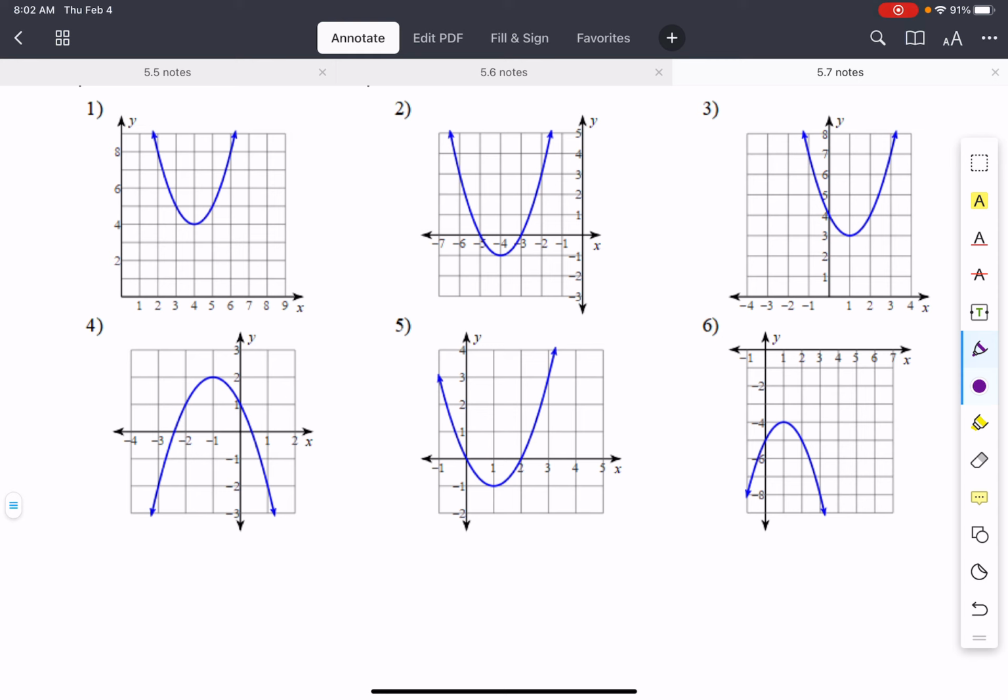So I want you to work with the new friends around you, and from the graph try and write number 5 in vertex form and in factored form. And I'll help you with the standard form, okay? So from the graph, you're going to decide is A positive or negative, and go from there.